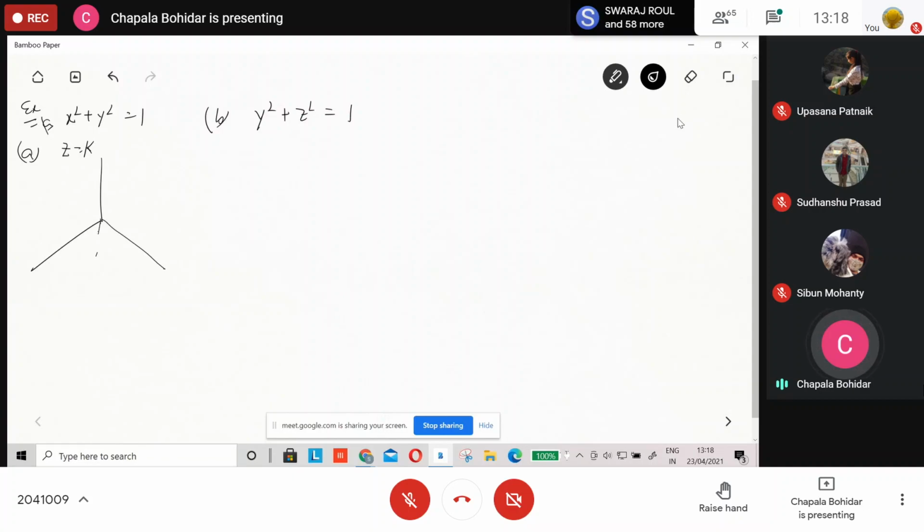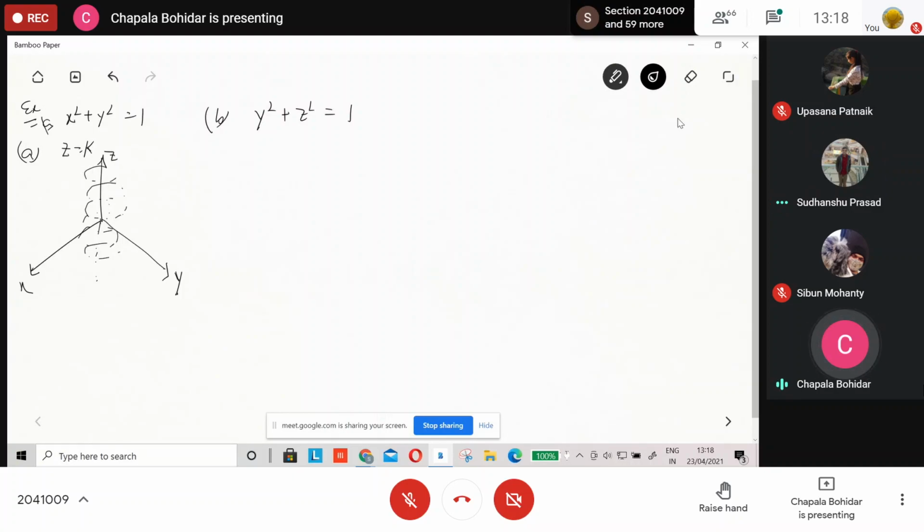So all the circles, what type of circle here? Is it horizontal or vertical? Are the planes horizontal or vertical? If you consider this as x and this as y and this as z, x square plus y square, we get all the circles lie on the z axis, is it not?